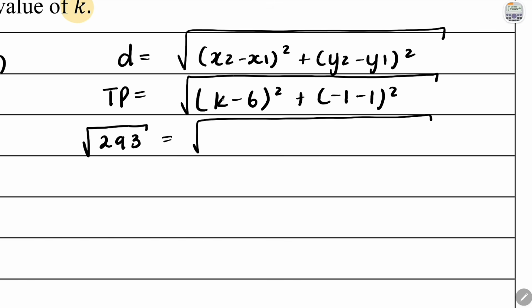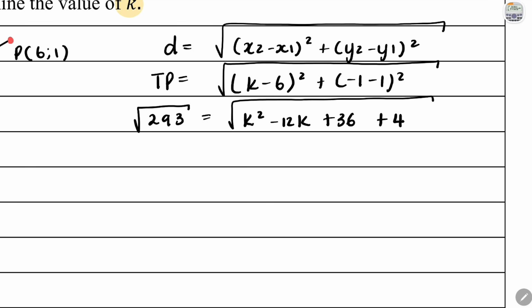So what we can just do is square the first term, that gives us k squared, square the last term, that gives us positive 36, and then first term times second term, that will give us negative 6k, and then you just multiply that by 2. So that's negative 12k. Okay, negative 1 minus 1 is negative 2, and then that being squared becomes positive 4.